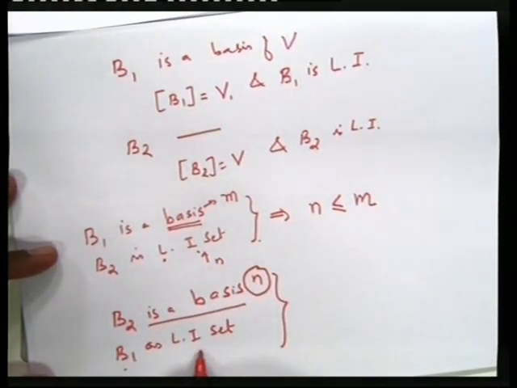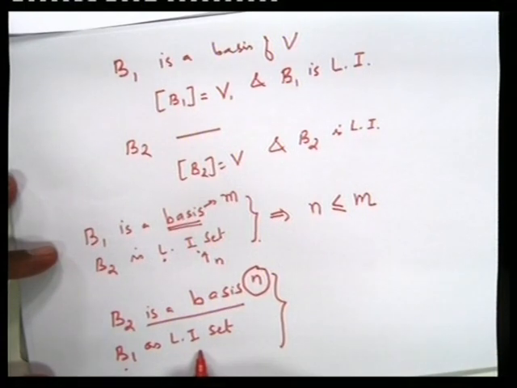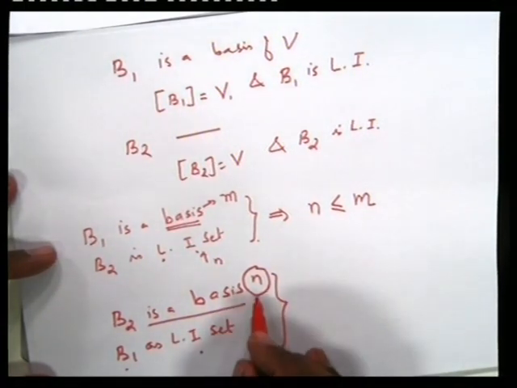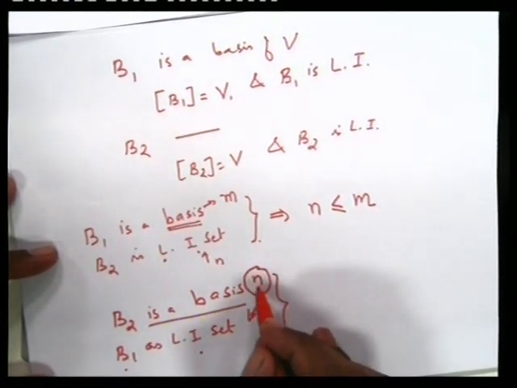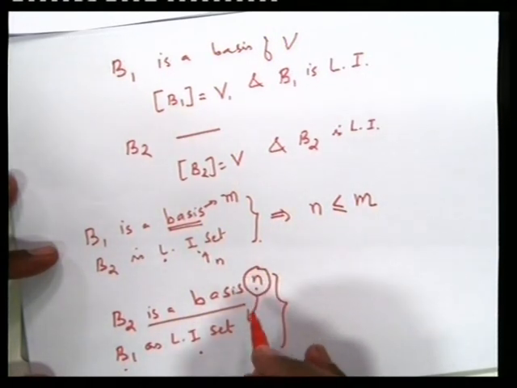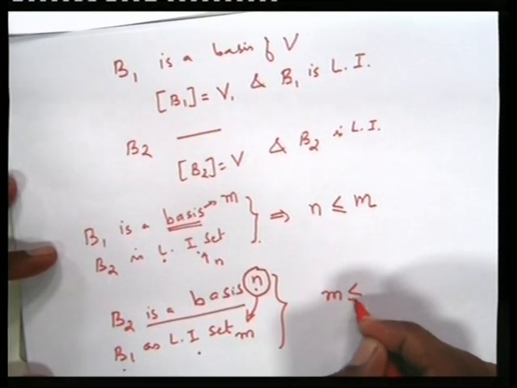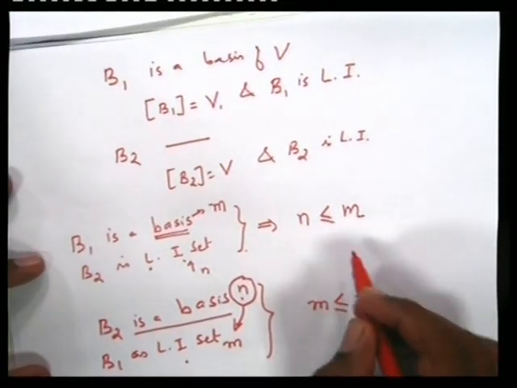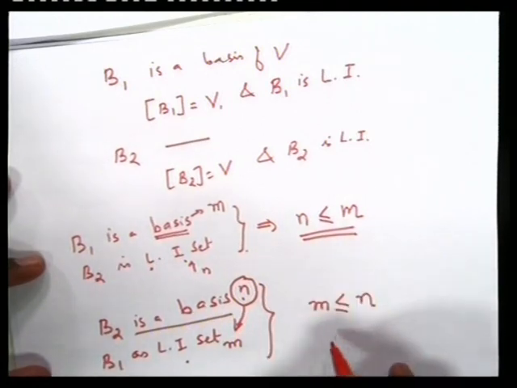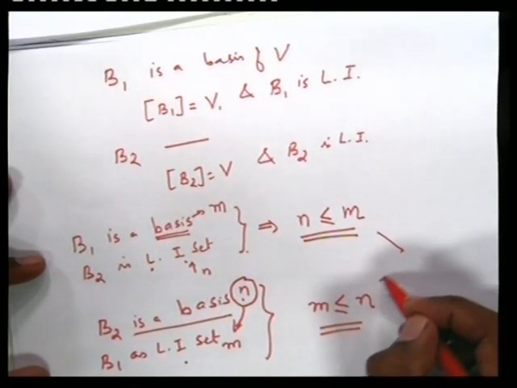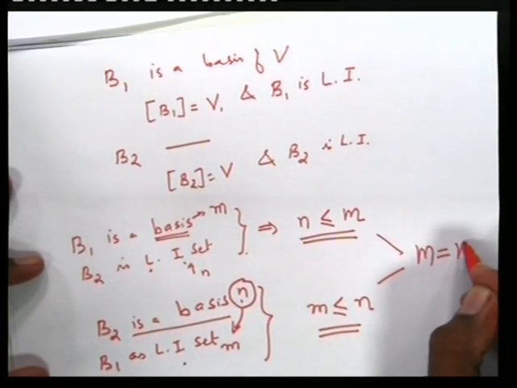B1 is a linearly independent set. Therefore, the number of vectors in any linearly independent set must be less than or equal to the number of vectors in a basis. Here B1 contains m vectors, so m will always be less than or equal to n. We have n is less than or equal to m, and m is less than or equal to n. This will give us m is equal to n.